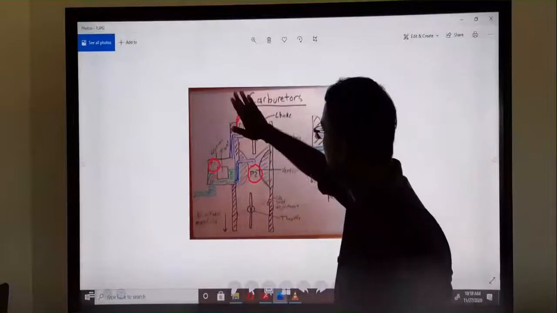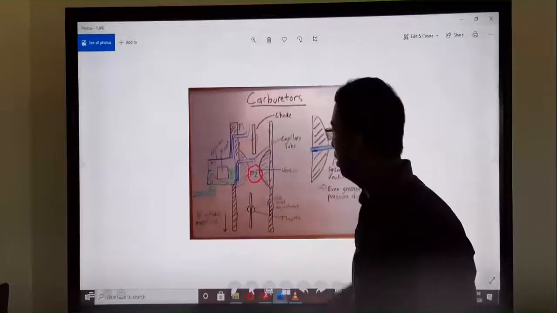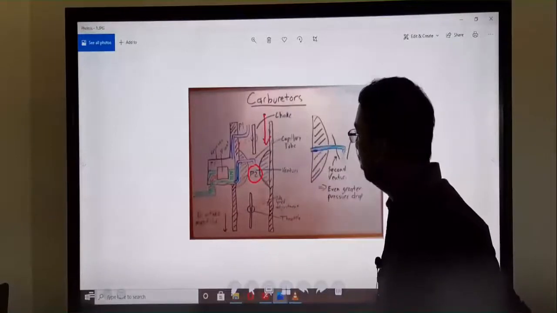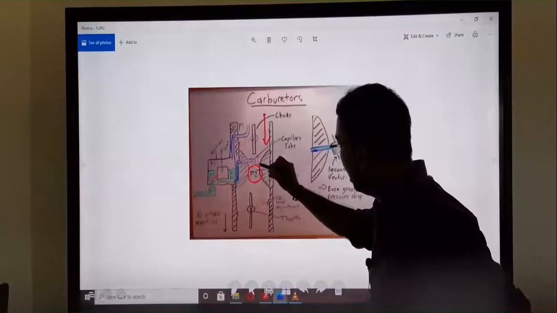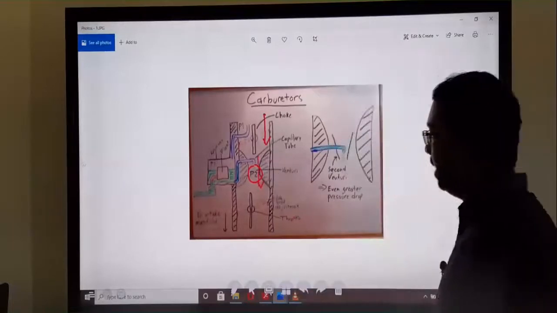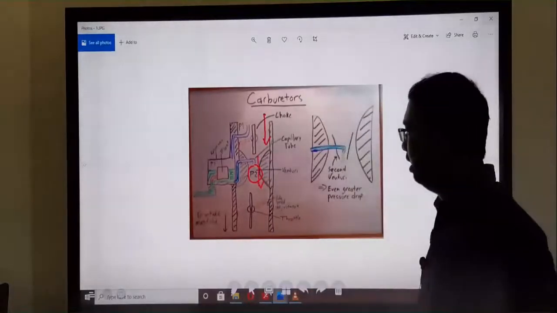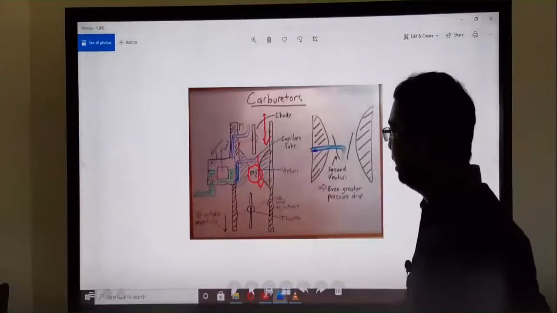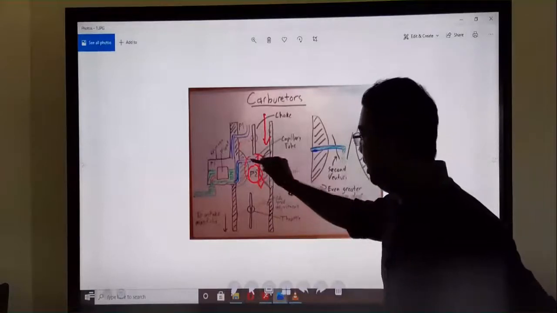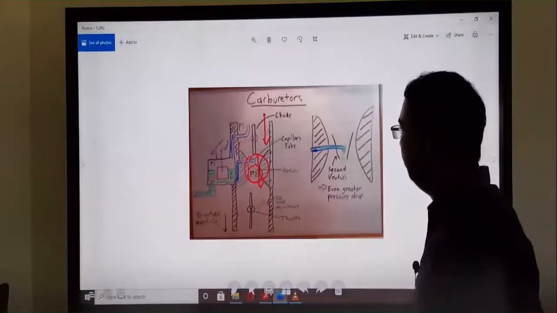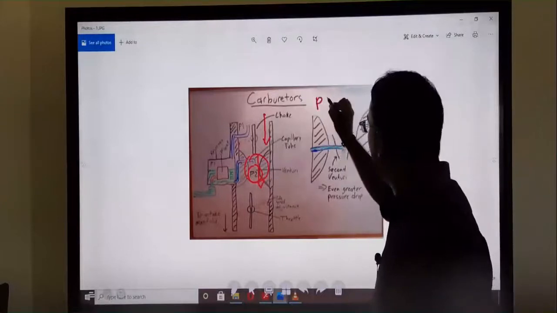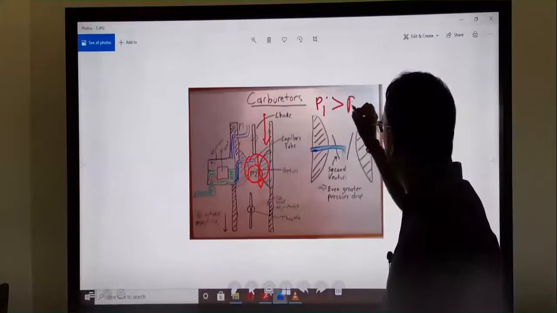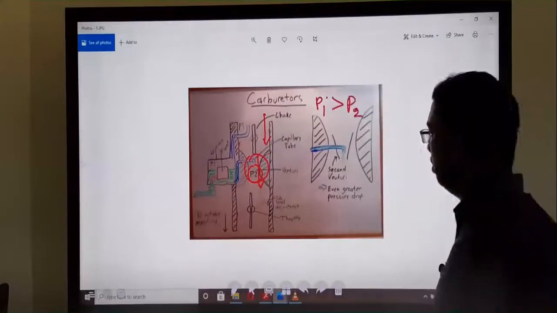When the air comes through this space and arrives at this area, the velocity of the air is increased because of this cross section. So there is a sudden pressure drop in this area. Now we know the P1 pressure, atmospheric, is bigger than P2.